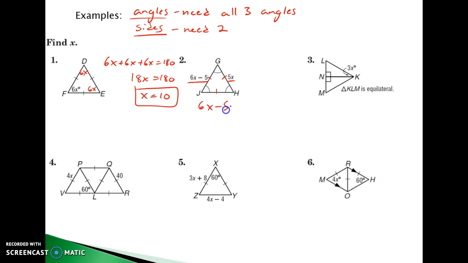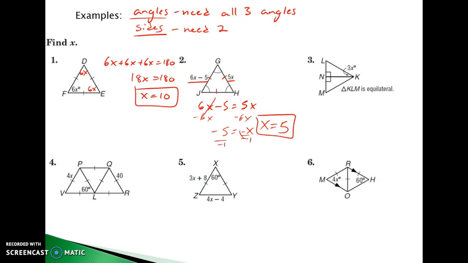So 6x minus 5 equals 5x. If I was to subtract 6x, you get that negative 5 equals negative x, divided by negative 1 to give you that x equals 5.